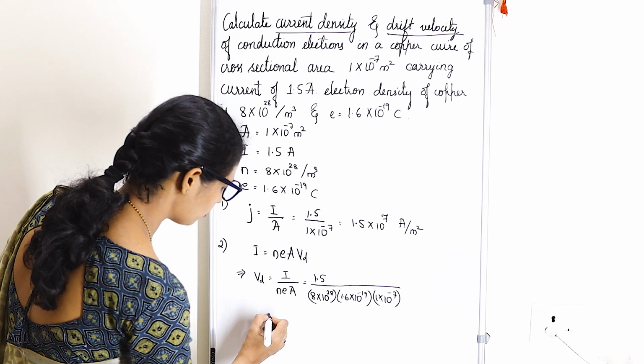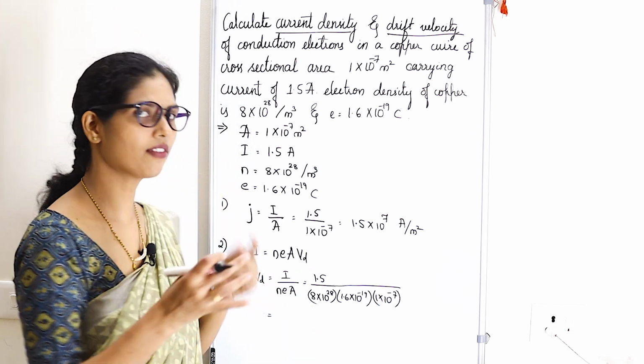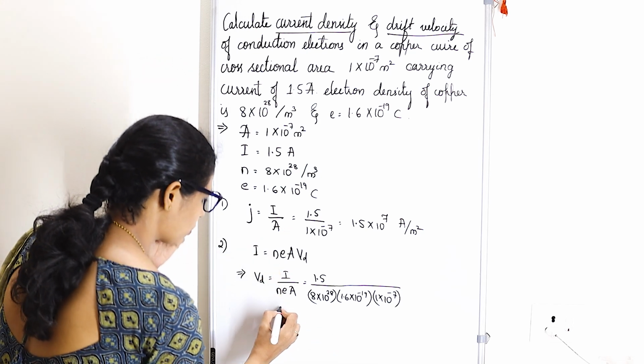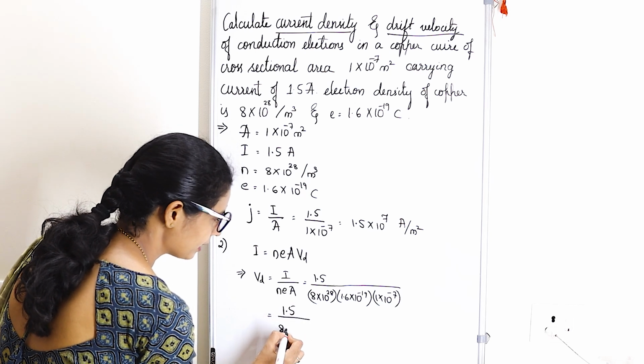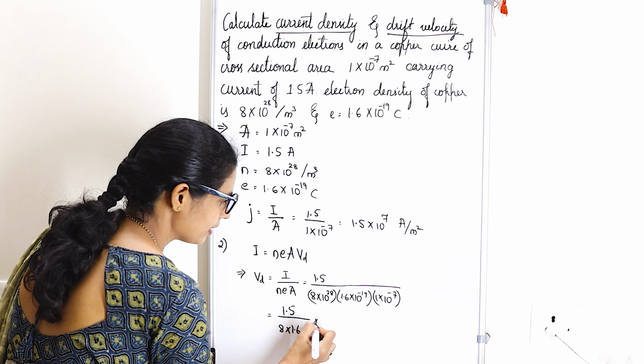Okay. So I'll calculate this in my way. Whichever is comfortable for you, that way you can calculate it. So first I'll write down the numbers. So the numbers are 8 into 1.6 into 1, and then the exponentials.